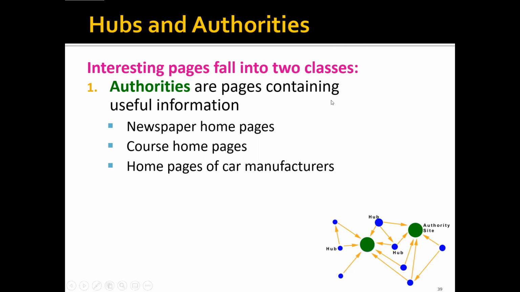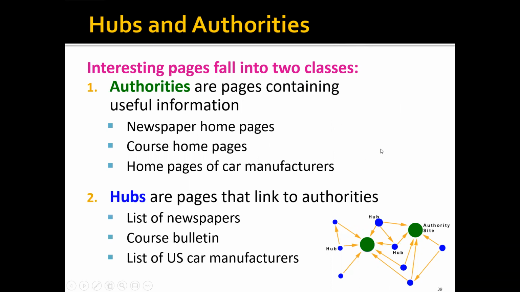These are the content providers, and we call them authorities. The second class is hubs, which are the pages that link to authorities. You can think of this as, for example, a list of newspapers, a course bulletin, or a list of US car manufacturers.